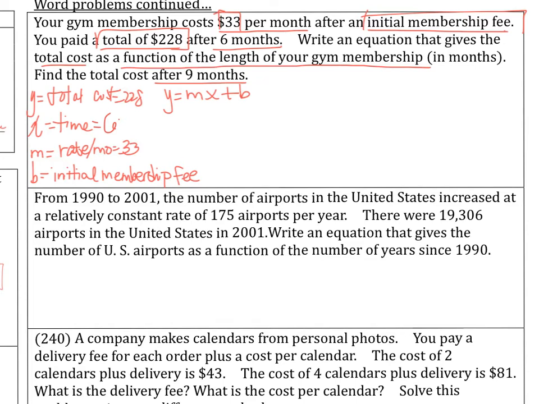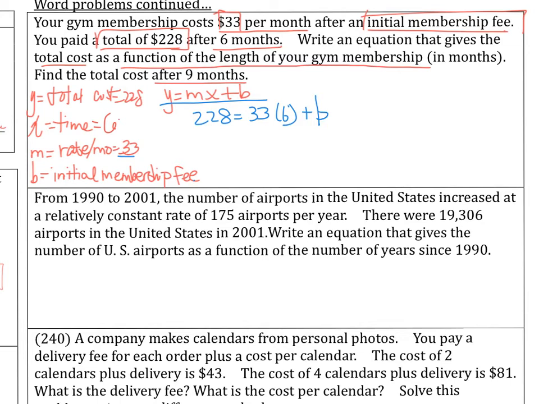Now, with all this information listed, I can set up my equation or my linear function. So y is given, so 228 equals the slope of m, 33, and x is given, and it seems like we need to solve for b.